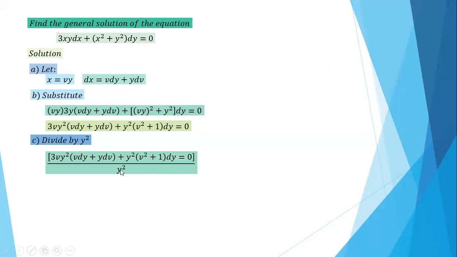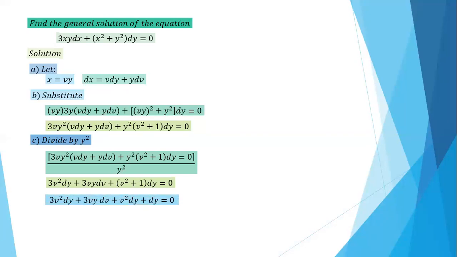Here y squared will be cancelled out, and here also the y squared will be cancelled out. So what is left is 3v squared dy plus 3vy dv plus the quantity of v squared plus 1 dy equals 0. Then we distribute dy to the quantity of v squared plus 1 and simplify.